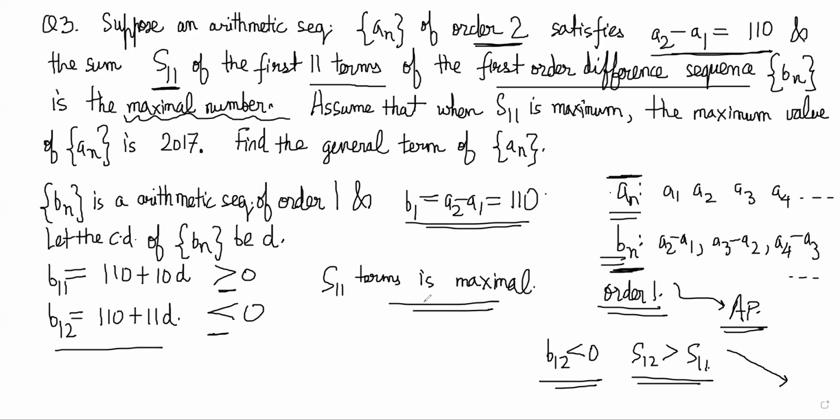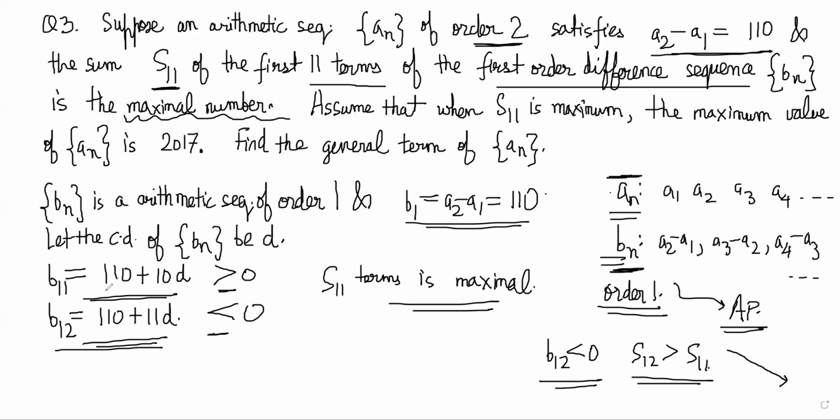If you add up some terms and it is a decreasing sequence, then all the positive terms will get added, and if the 11th term is still positive, then the sum till 11 terms will be maximum. And after that, if you take the next term, the sum will start declining, right? So basically, the statement that the sum S11 of the first 11 terms of Bn is maximal means that B11 is positive, whereas B12 is negative, right?